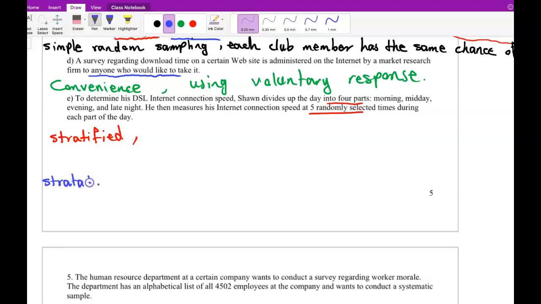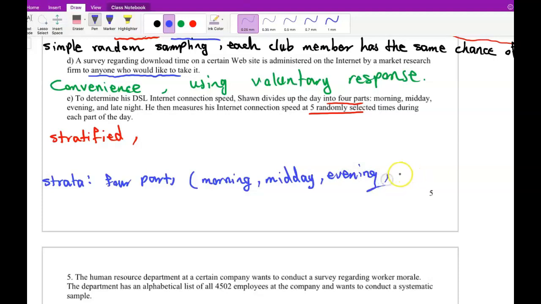Strata is 4 parts. You don't need to write this down. I only want to explain which one is a strata. And that is morning, midday, evening, and late night.